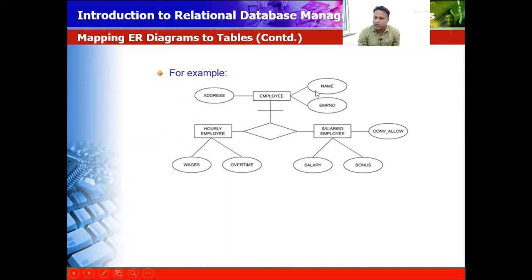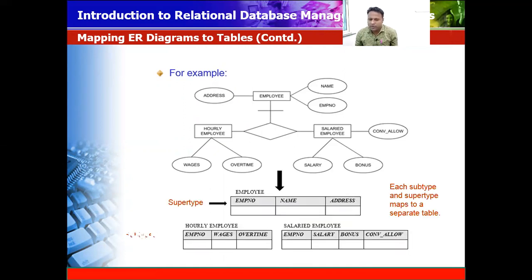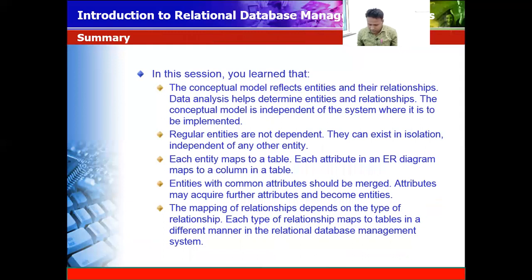So here the employee is called the supertype, and the hourly employee and salaried employee are called the subtype. See, employee is called the supertype, hourly and salaried are called the subtype. Clear?